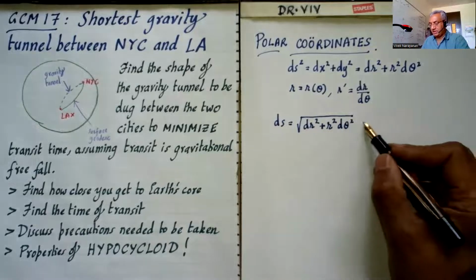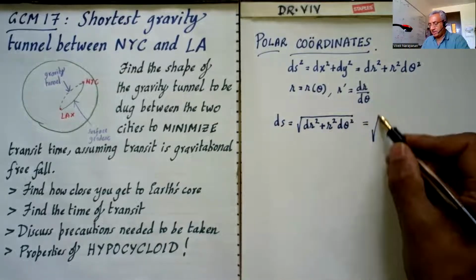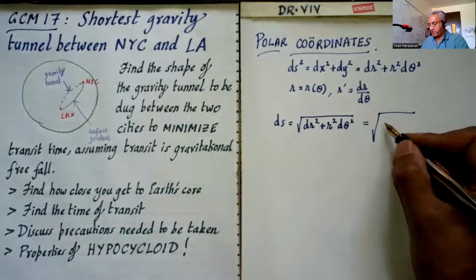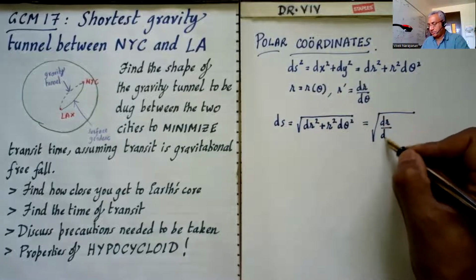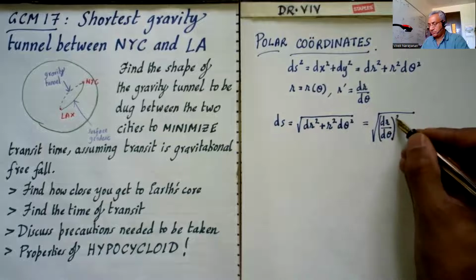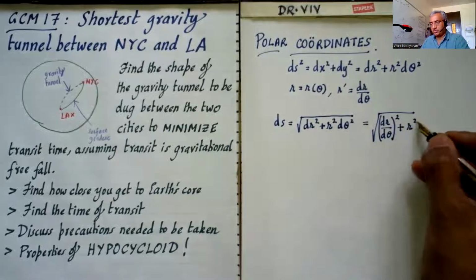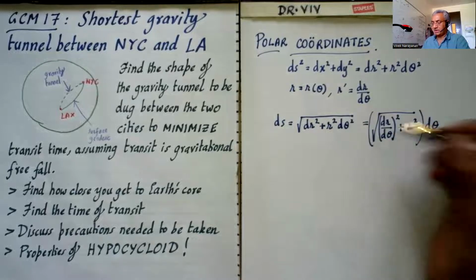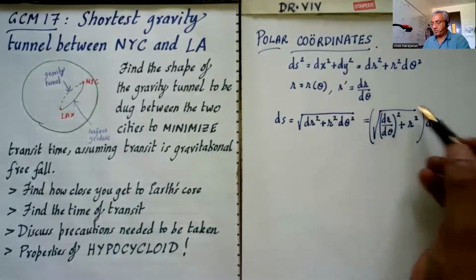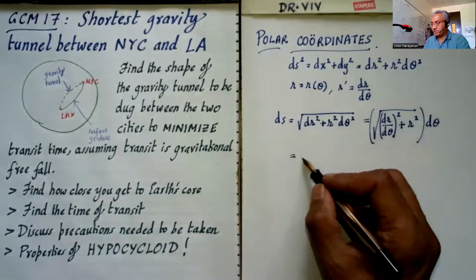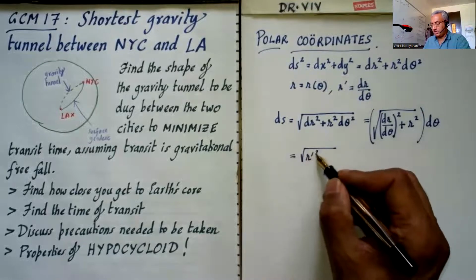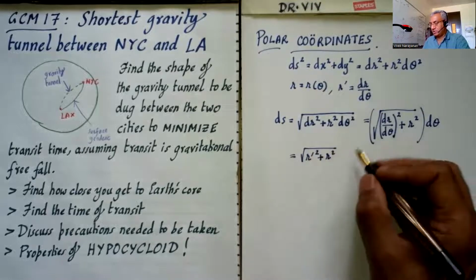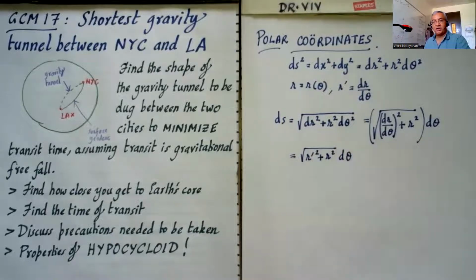Now I take the d theta outside, which means I get dr by d theta here, plus r squared, and then the d theta outside. Dr by d theta is just r prime, so this is the square root of r prime squared plus r squared d theta. So we have got our first thing, which is the line element.